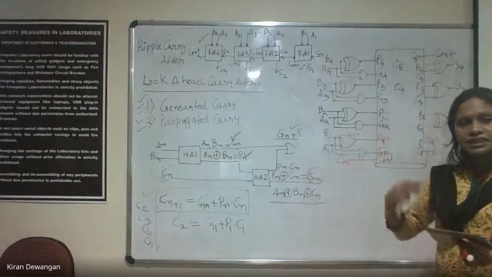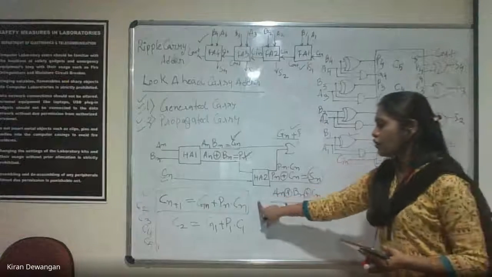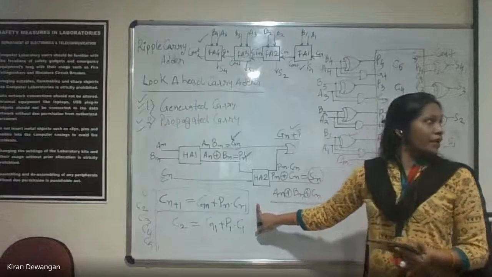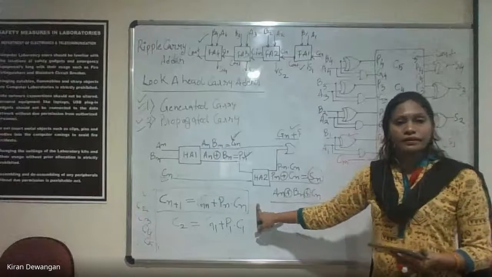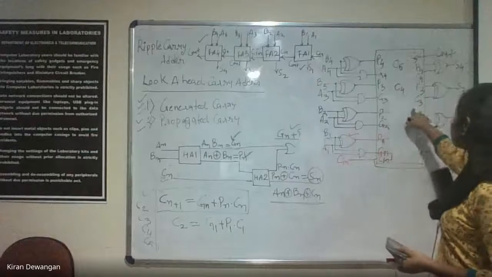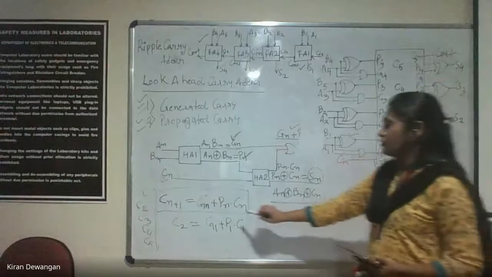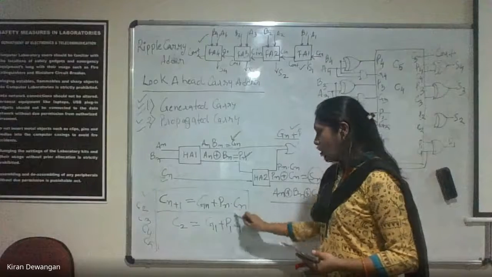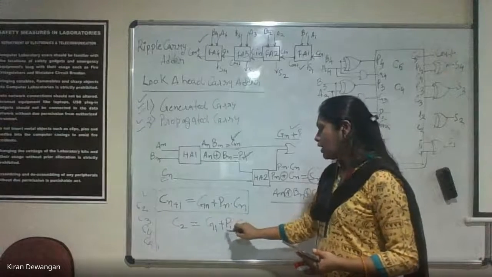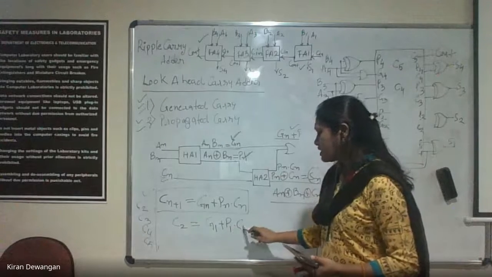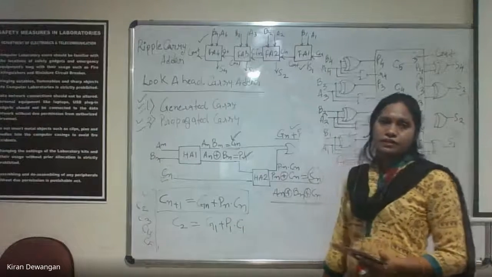क्लियर? इज दिस क्लियर? नाउ जस्ट फॉलो दिस फॉर्मूला। ये फॉर्मूला से ही आपके सारे कैलकुलेशंस हो जाएंगे। C2, C3, C4 and C5. We just have to use one OR gate and one AND gate by making use of this P, C and G combination.